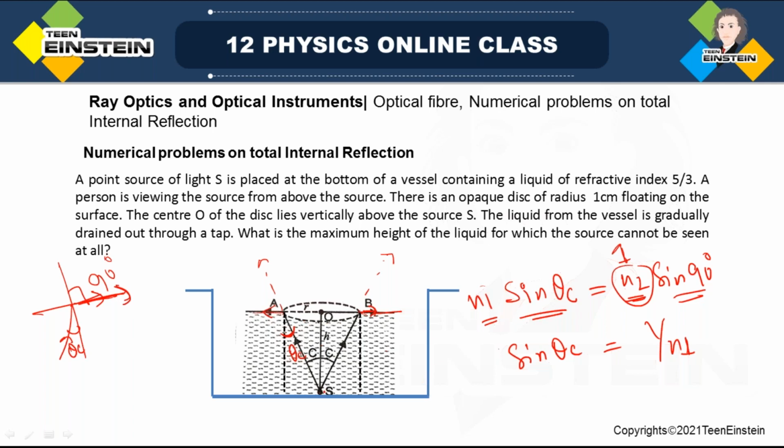That's why I said in the lake, fishes can see things only within this radius, within this cone. They cannot see things beyond this range.